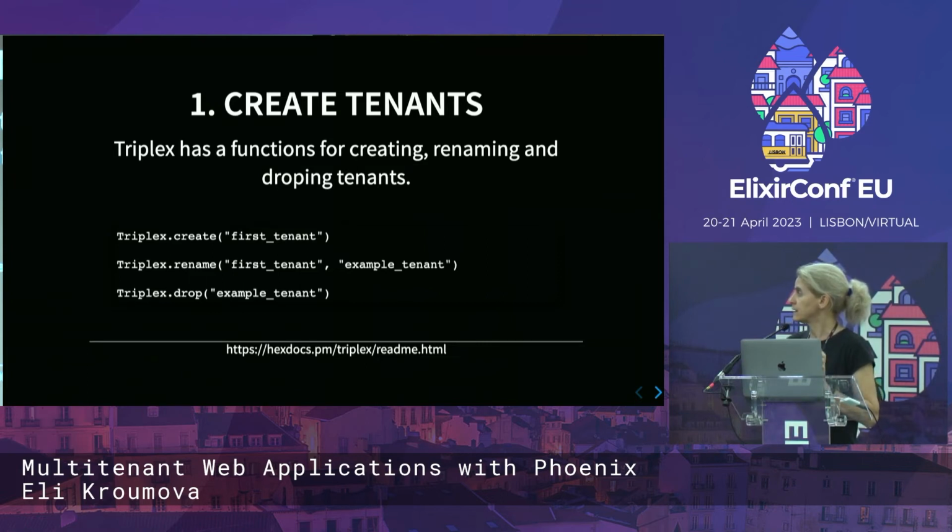You always give the tenant a name, and then Triplex takes care of creating the corresponding schema or database, depending on the database that you are using at the backend. You can rename the tenants, and you can drop them if you don't need them anymore.